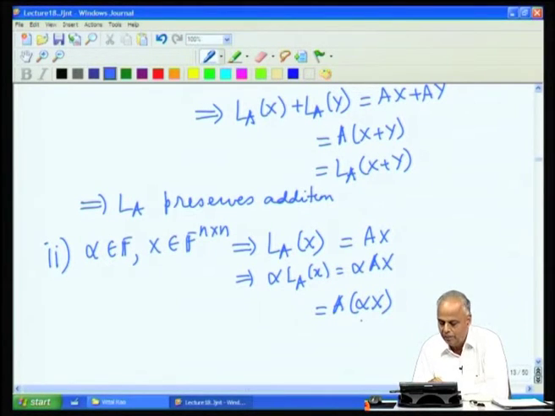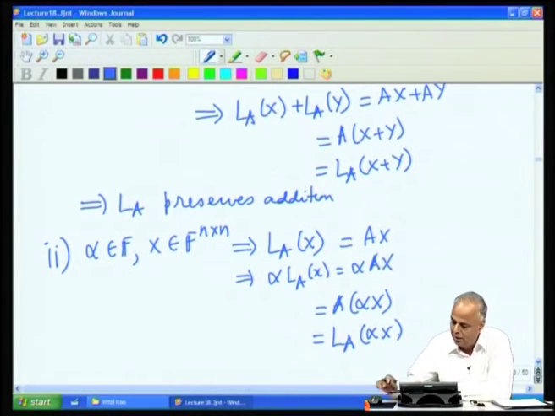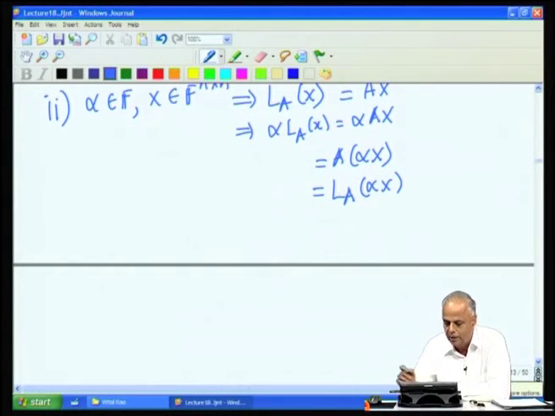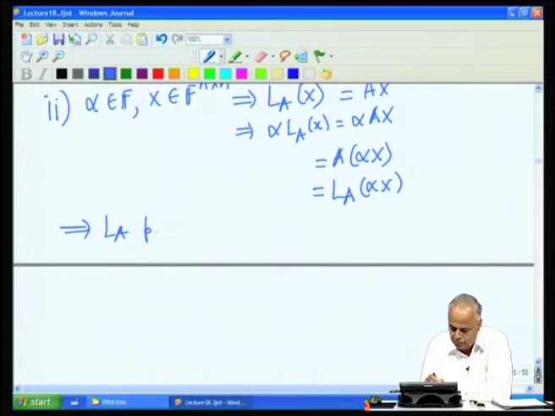So, again when x is an n by n matrix and we multiply it by a scalar, we get that alpha x is an n by n matrix, and whenever an n by n matrix is pre-multiplied by A, that means we are taking LA of alpha x, and thus we see that LA of alpha x is alpha LA x. Therefore, LA preserves scalar multiplication.